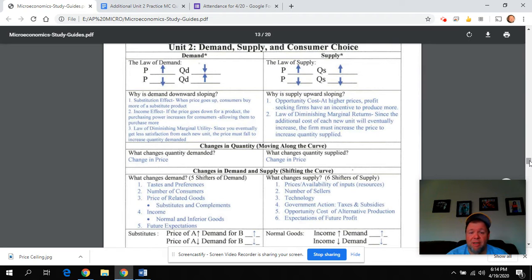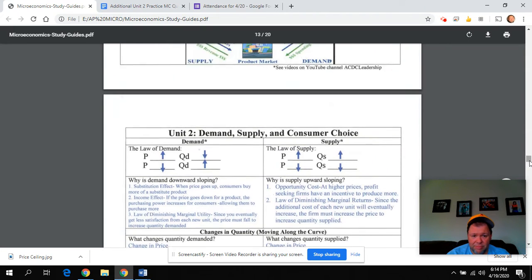Because remember, guys, 70% of the test has always been supply and demand and then the four market structures. I'm still pretty convinced that even though it's two short answer questions, there's going to be a lot of stuff about the market structures and supply and demand in those two questions. So like I said, I'm going to share this with you.